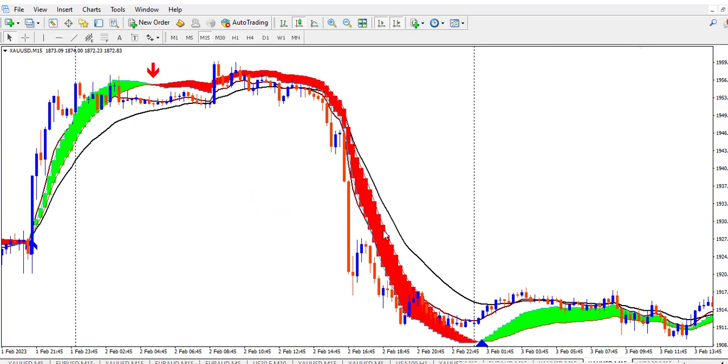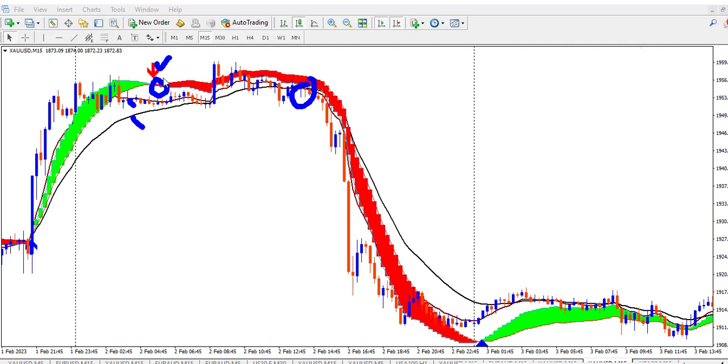And here it is again, another setup for a sell. At this particular point, we have the red arrow also, and the band changed to red. We have a red arrow here, but if you look at the two moving averages closely, you find out that they did not cross until this particular point.